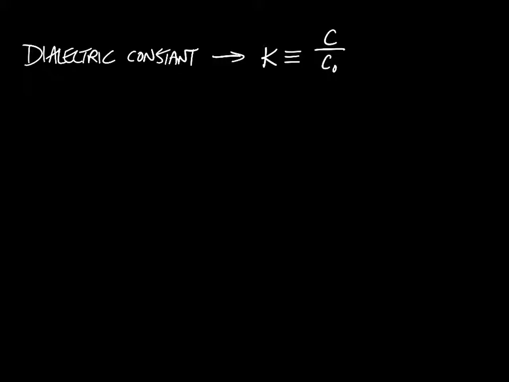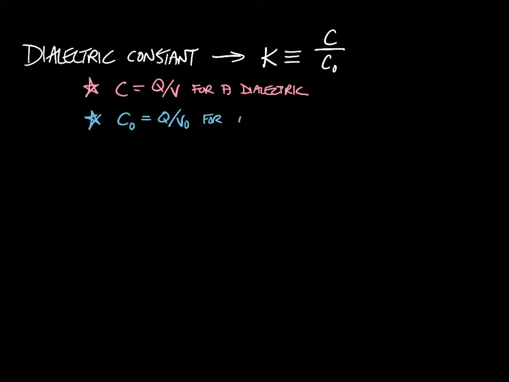And for a dielectric material, C just equals Q per V, and C naught equals Q per V naught for no dielectric.